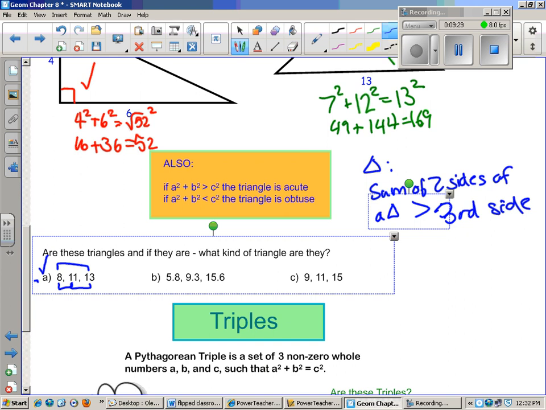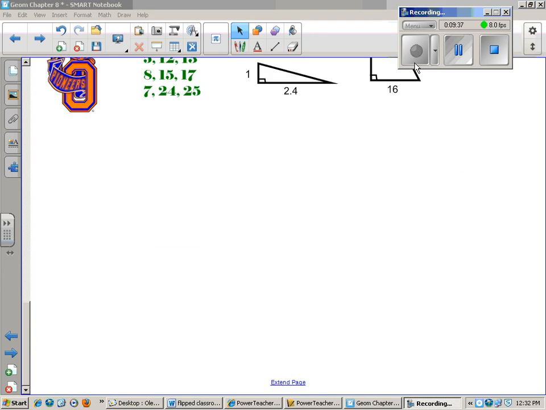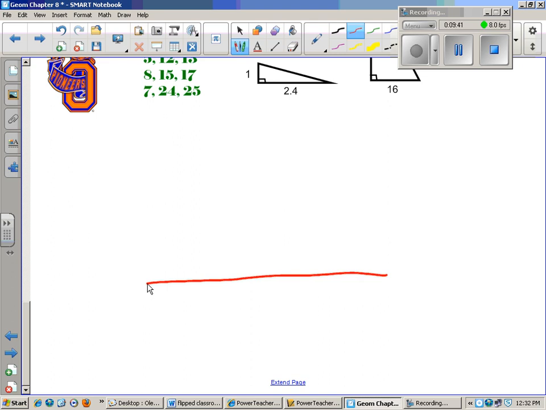Let's say the bottom of my triangle is 12 inches. If I have a 5-inch side and a 5-inch side, is the sum of those two sides greater than this? No. So when these fall in, are they even going to touch?